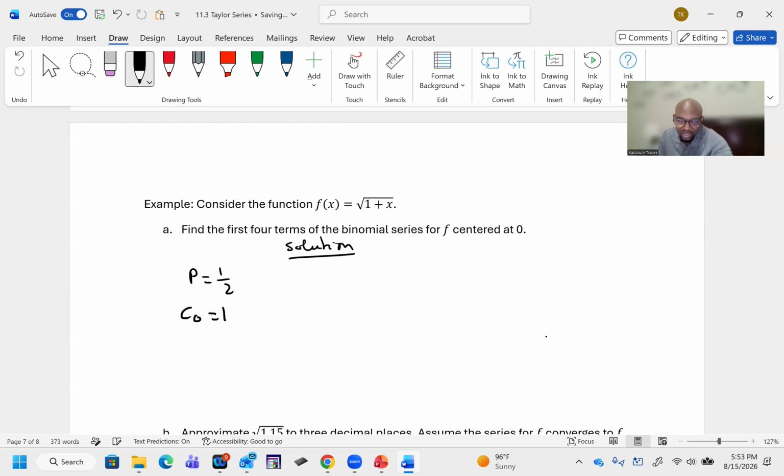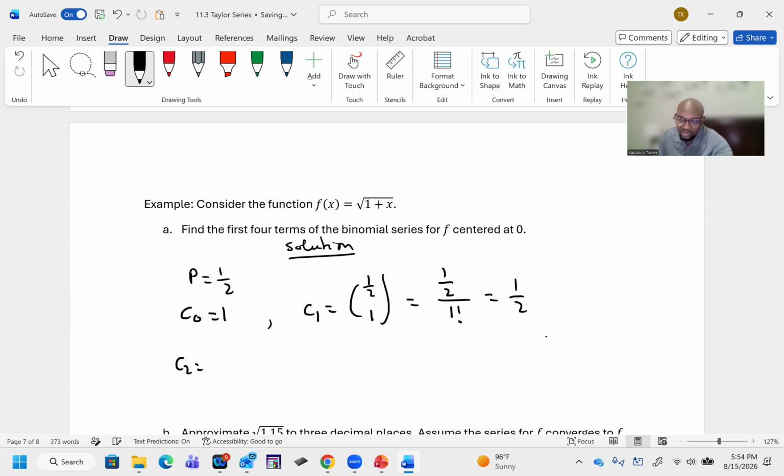And to compute the first four terms, so we have C0 is equal to 1, C1 is equal to 1/2 choose 1, which will be equal to what? 1/2 divided by 1 factorial, and that will give me 1/2.